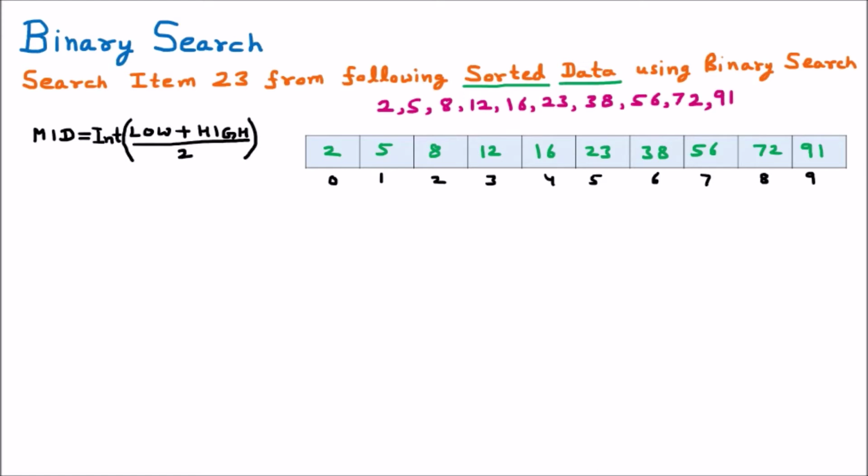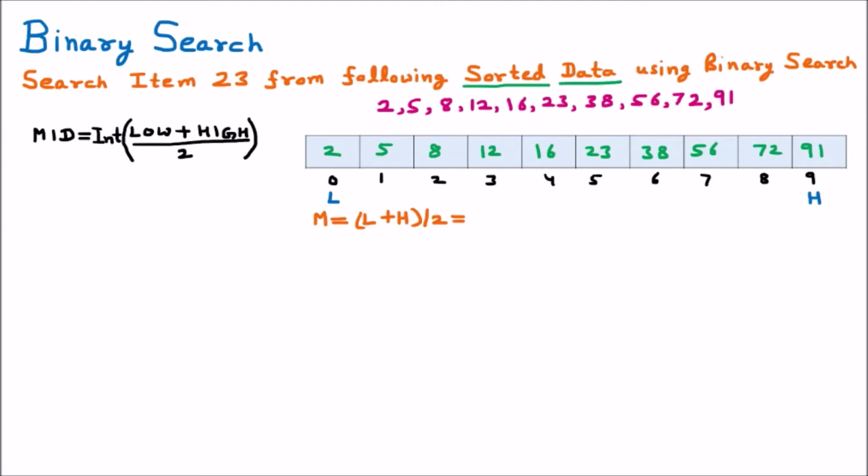Now we are applying this middle on this complete array. We know that 0 is the lower bound, so we are assuming that this 0 is the low here. And 9, which is at the last, is the upper bound, so we are taking it as the high. So low is 0 and high is 9. Now we are going to find the middle. We are assuming that middle as m. So middle is equal to low plus high, divided by 2, the integer value.